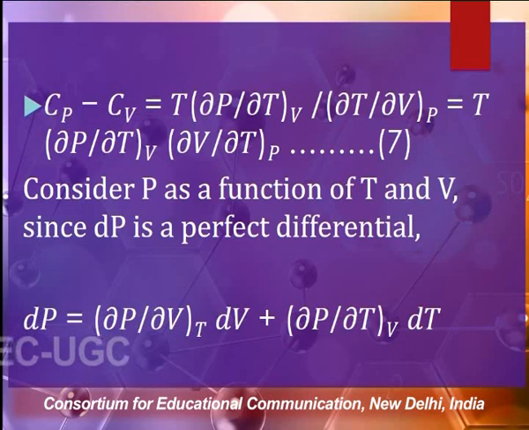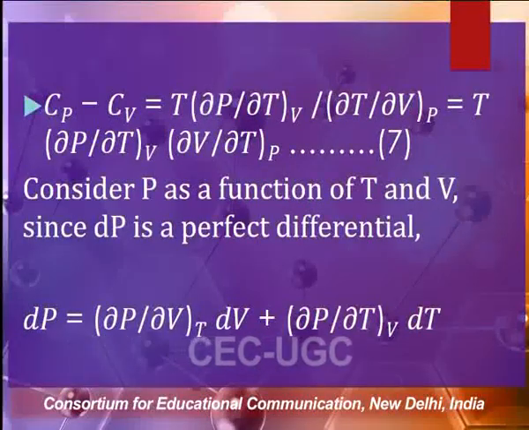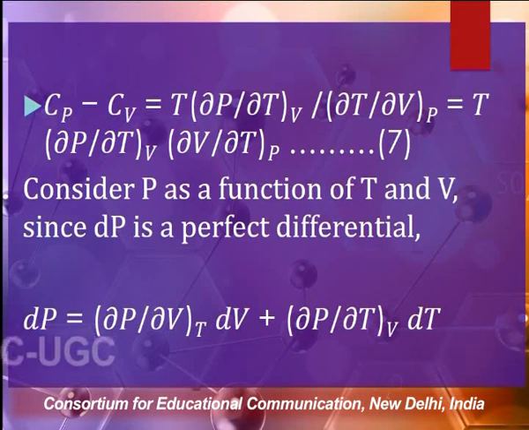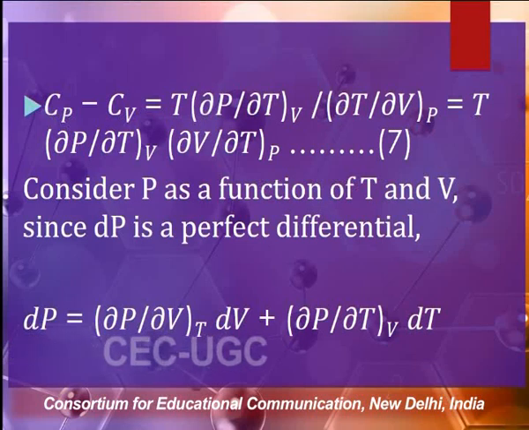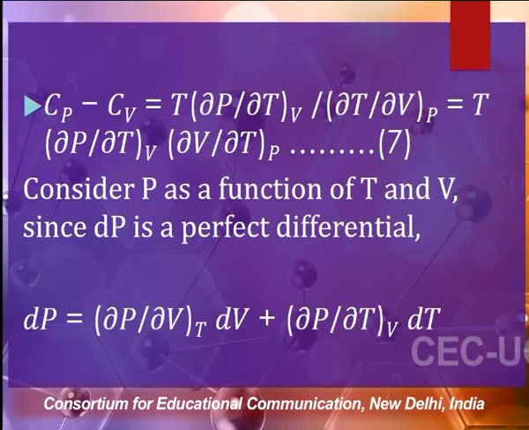Now, to put equation 7 in some other alternative form, let us consider pressure as a function of temperature and volume. Since dP is a perfect differential, dP can be written as (∂P/∂V) at constant temperature dV plus (∂P/∂T) at constant volume dT.